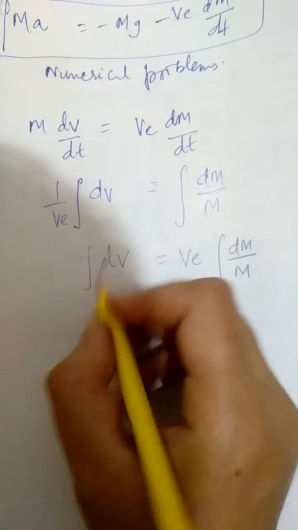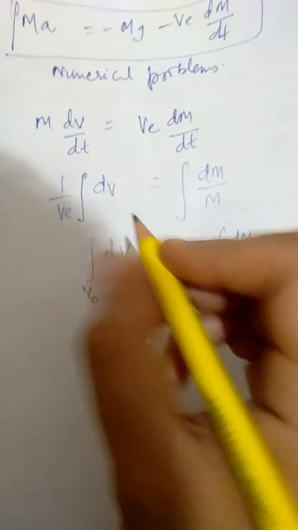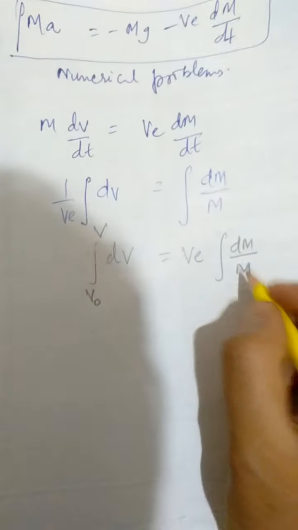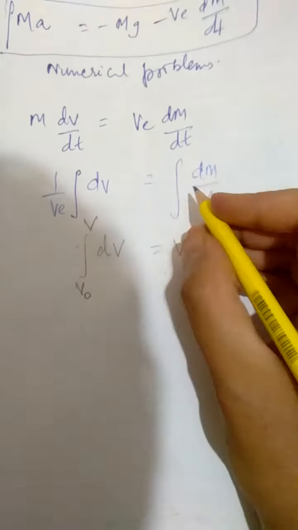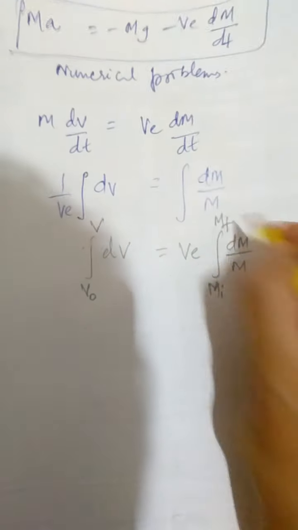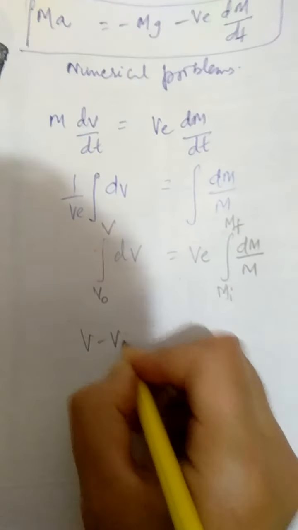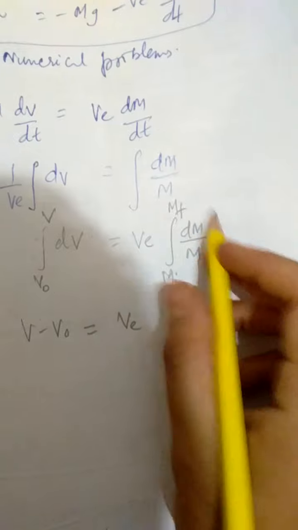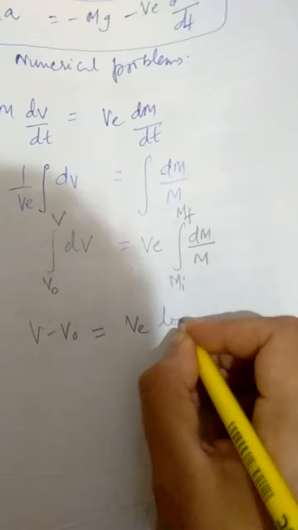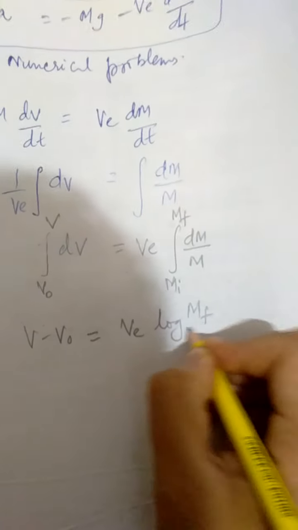So let us choose this integration from some initial value v naught to some final value v, and similarly from the initial mass of the rocket to some final mass mf. So this will be v minus v naught, and this will be Ve times log of m final minus log of m initial. I hope you understand that.